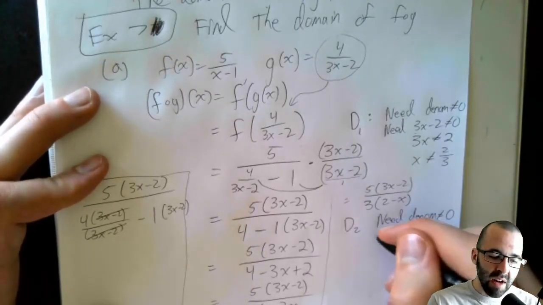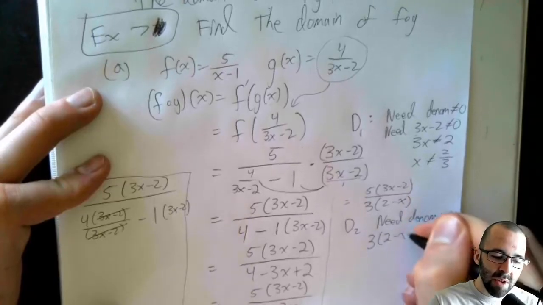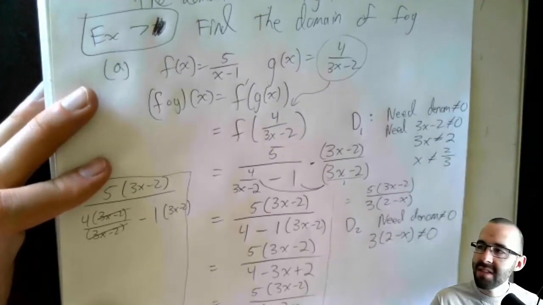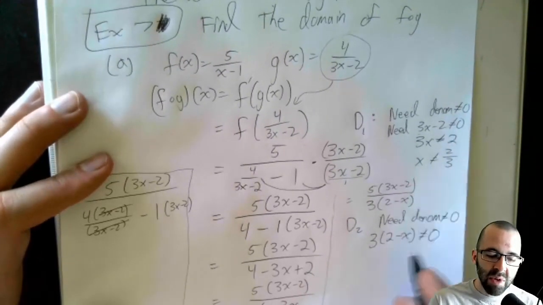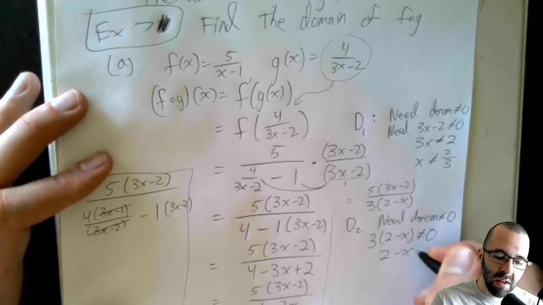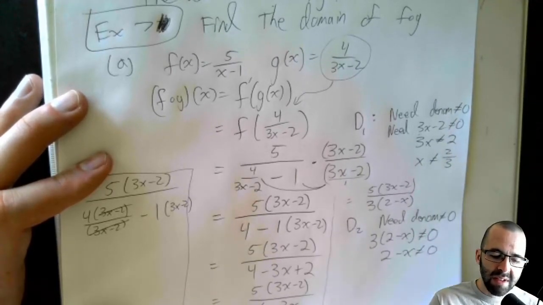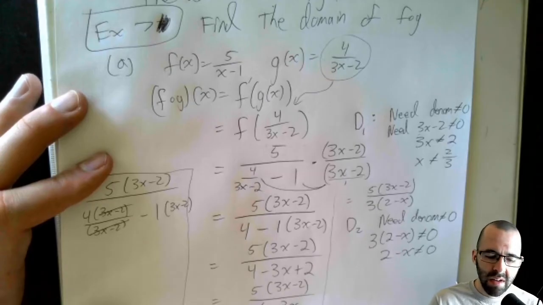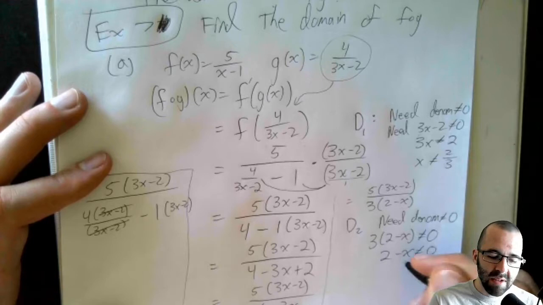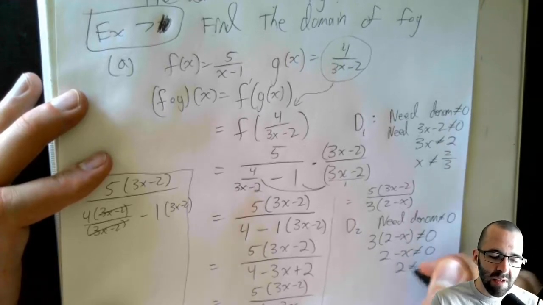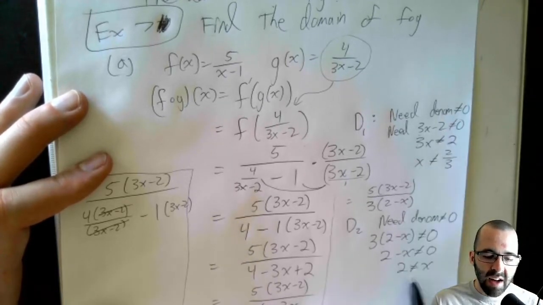So what's the denominator? The denominator is 3 times 2 minus x. We need this not to be 0. Divide both sides by 3. 0 divided by 3 is still 0. And then we can add an x to both sides or subtract the 2. It's up to you. So x cannot be 2.